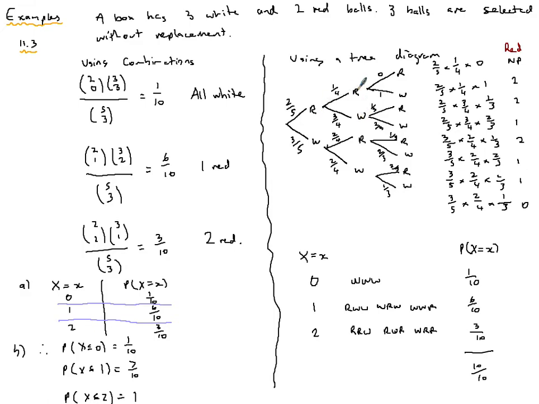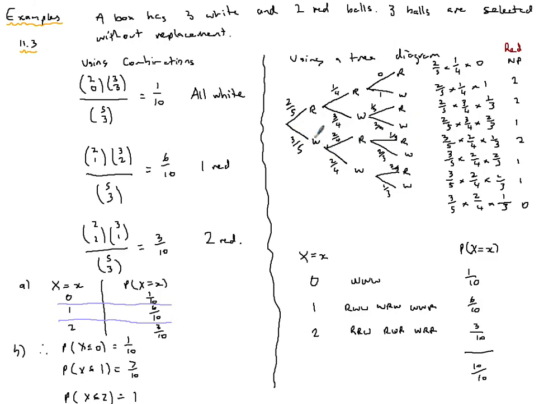Now, if we've taken both red balls out of the bag, we have no red balls left, so there's no chance of us picking a red ball. We must have chosen a white ball, and that's where this 0 and 1 comes from. And in fact, this can't occur, and that's indicated by the 0 over here. Now, if we took a red ball out first, and then we took a white ball out, we would have 3 balls remaining. 1 of them would be red, and 2 of them would be white.